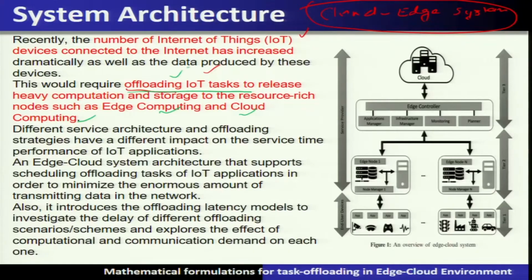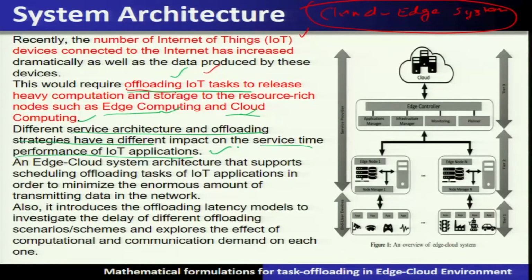Therefore, offloading these IoT tasks to the edge or to the cloud is a very important notion to support these applications running on these IoT devices. Therefore, different service architectures and offloading strategies will have different impact on the service time performance of an IoT application.